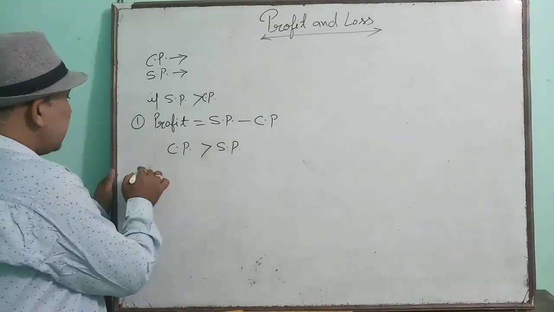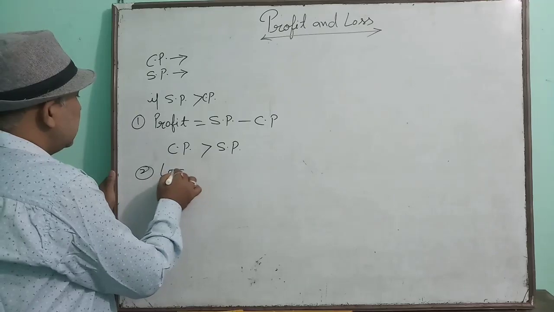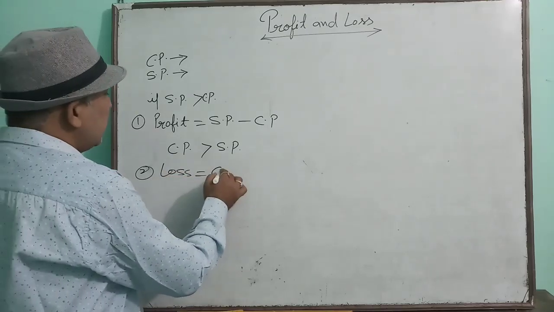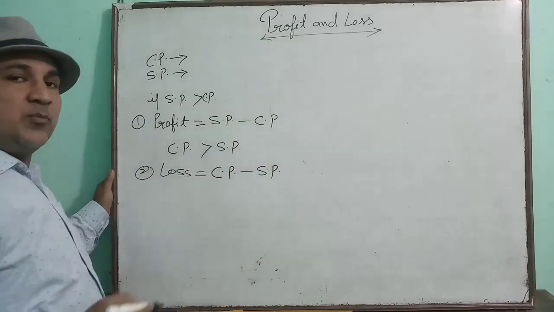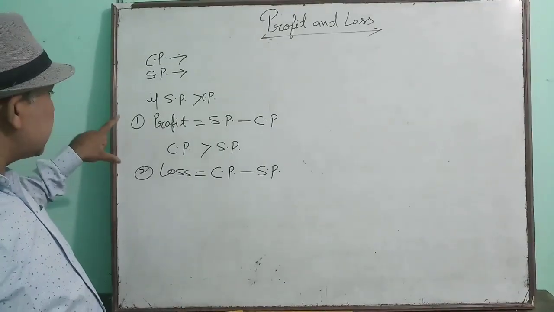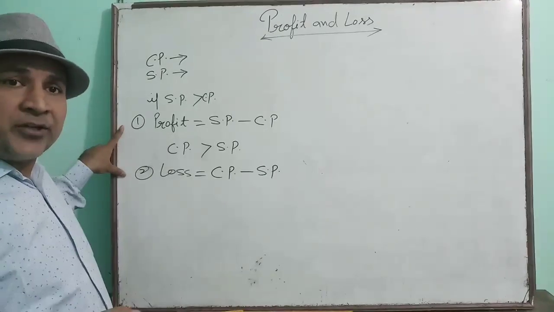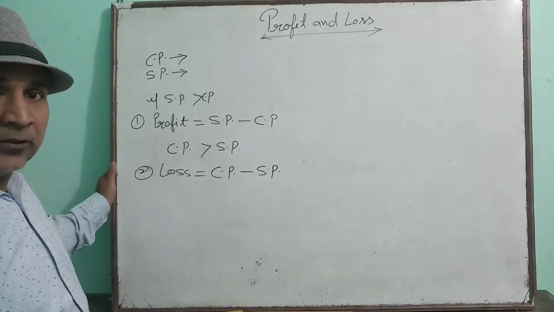So what will be the loss? Loss is equal to cost price minus selling price. So these are the two main and important formulas which you have to learn.